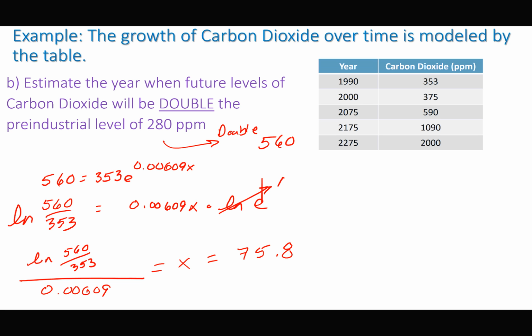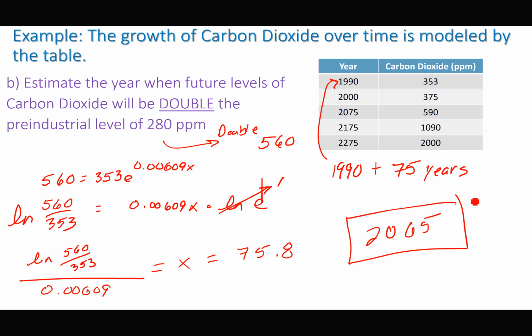So during the 75th year is when it doubles. But remember, we're going all the way from 1990, so 1990 plus 75 years. Okay, so that puts us at 2065 is when it would have been double those pre-industrial levels.